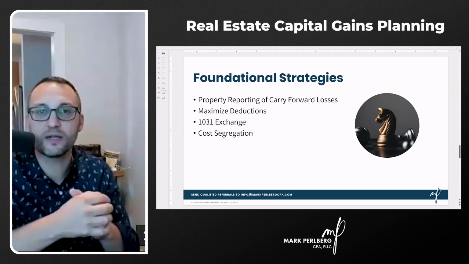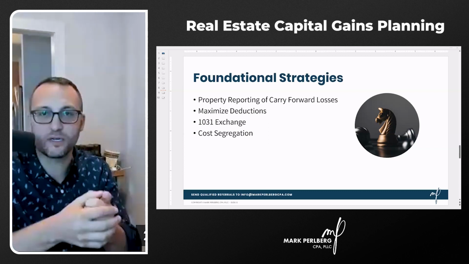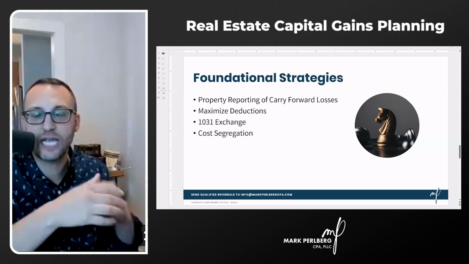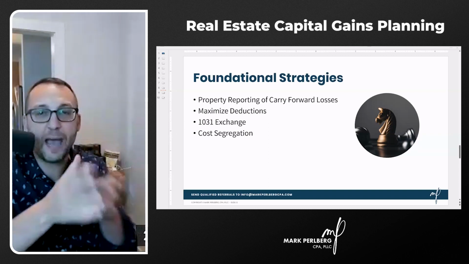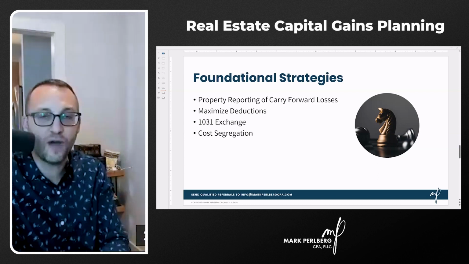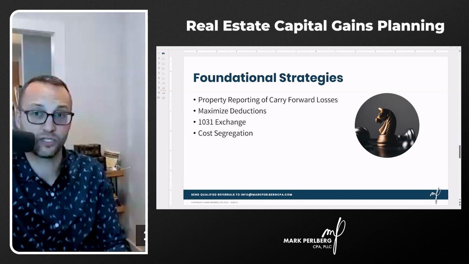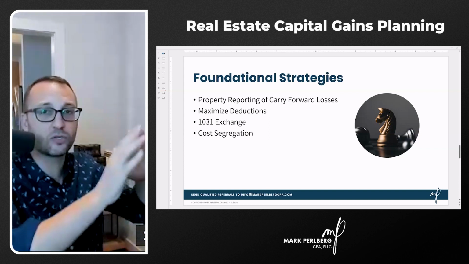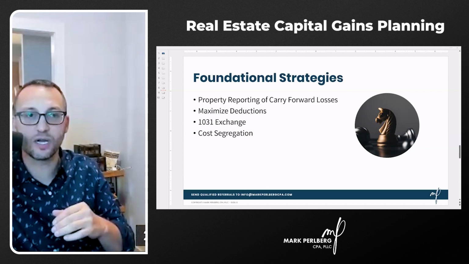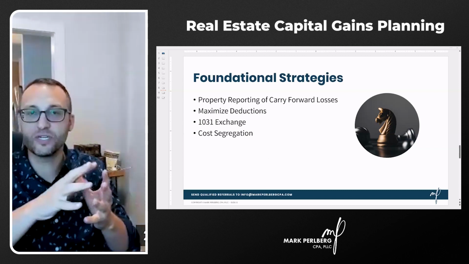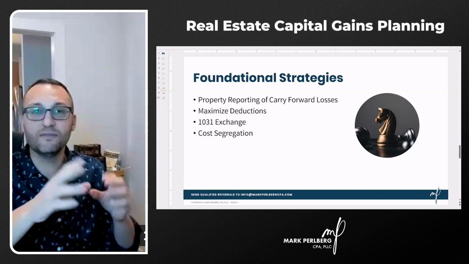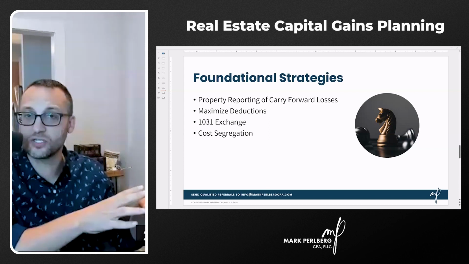What we can do here is, just like I described earlier, because your real estate losses will offset your capital gains. If we see some capital gains about to hit your 1040, and we can do this even as we're filing your return and evaluating your situation, and after the year is closed, what we can do is a cost segregation study to accelerate that depreciation, get you some bonus depreciation tax deductions, even if it's not on the property you're selling.